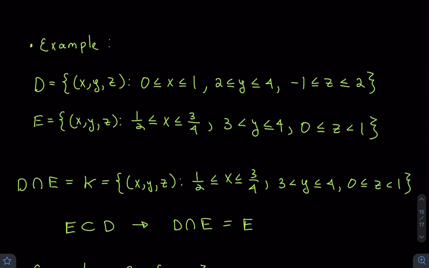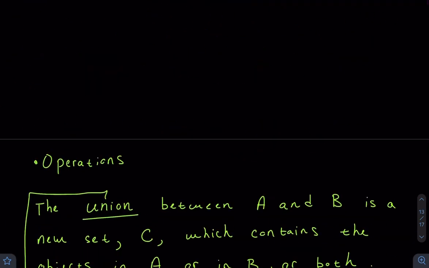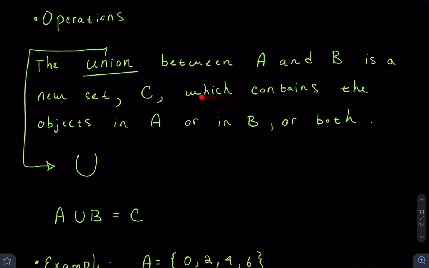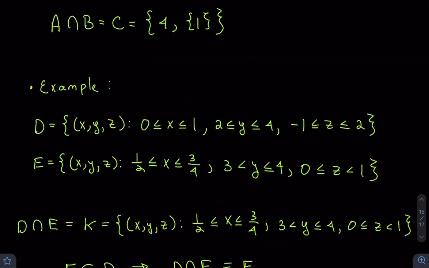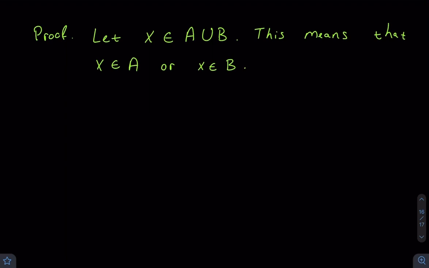By the definition that we gave all the way up here. Okay. Well, if X is in A or X is in B, then X must be in B or X must be in A, just reversing the order. Oh, but this just implies then, from the definition of union, if X is in B or X is in A, then X must be in the union between B and A.